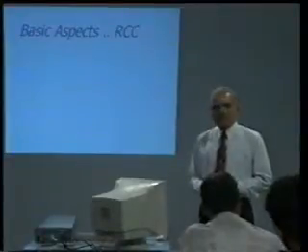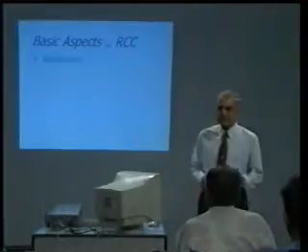Now, the basic aspects that affect the design of RCC structures are the idealization as to what the structure is going to be idealized as. Is it going to be a grid frame? Is it going to be a simply supported structure?